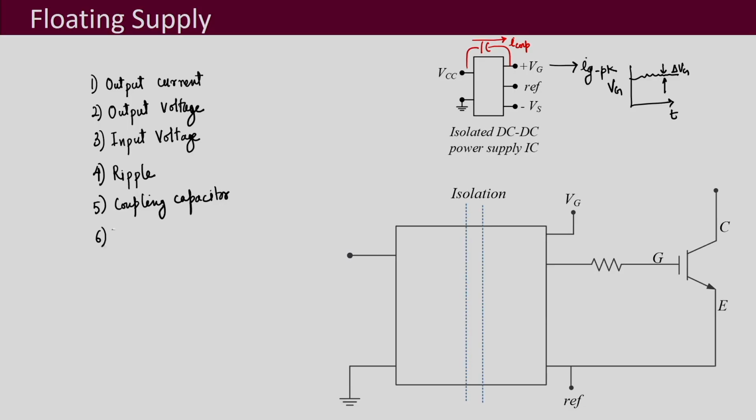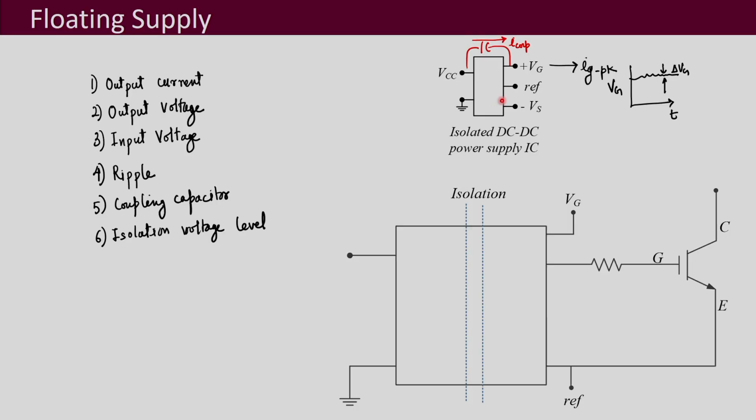And next one is your isolation voltage. Now, you have to check for the isolation level, that till how much voltage level, 10 kV, 5 kV, what is the isolation voltage level up to which the IC that you are going to use provides the isolation.